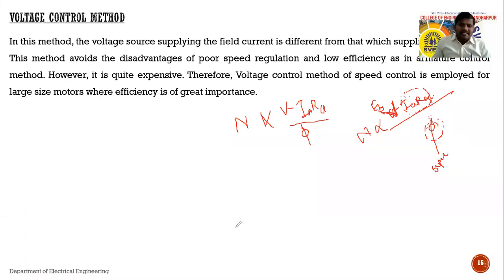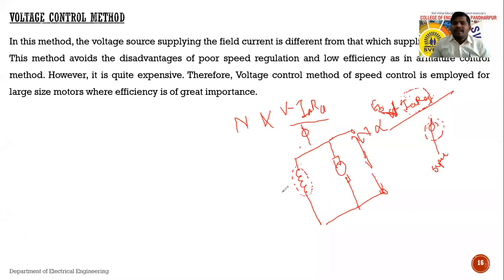Suppose this is the shunt motor, this one is the armature, and this one is the supply voltage. Instead of giving a common supply voltage for both armature and field winding, we are using an extra, separate source to excite the field winding.